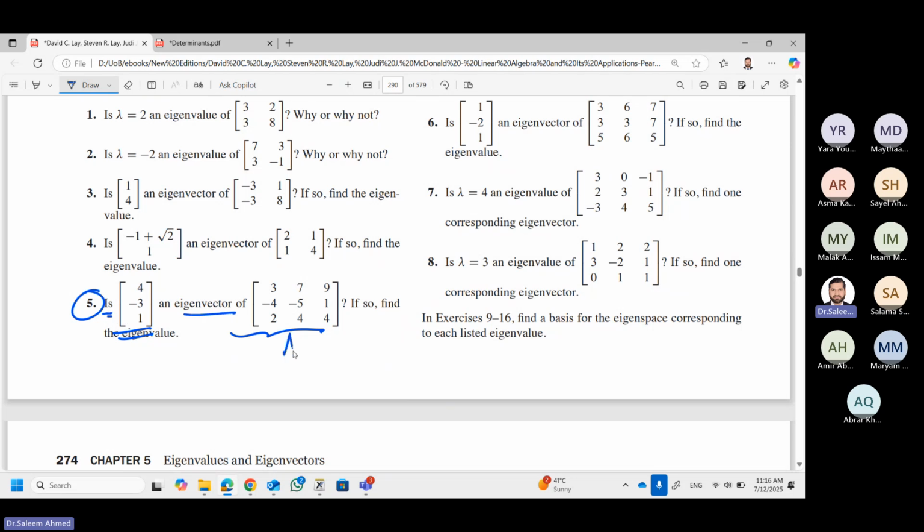So you will just multiply this A with V. Let's say this is a vector V. Just multiply A with V and see if your V comes back with some number here. If it is an eigenvector, you will definitely get a number here. Otherwise, you don't.